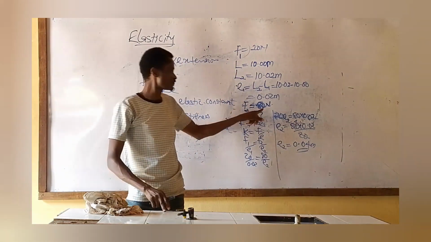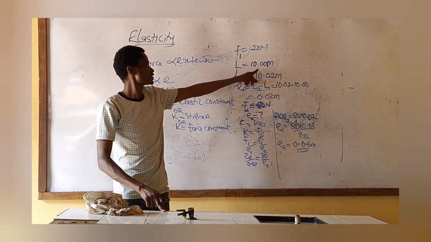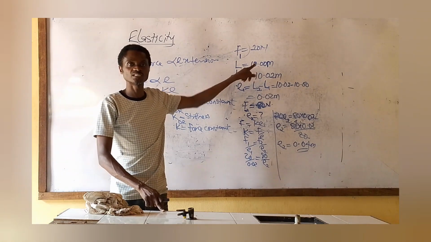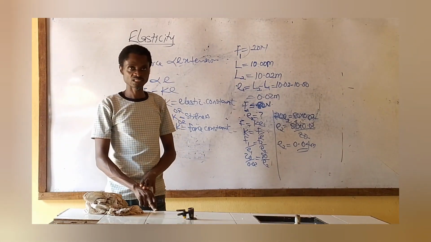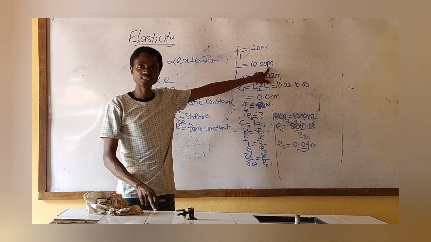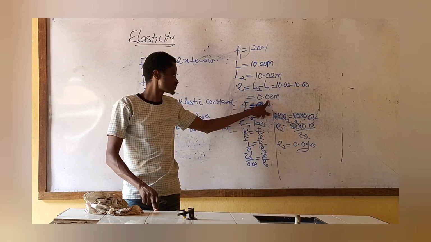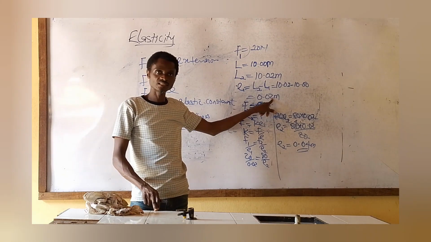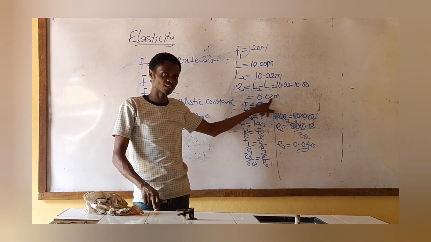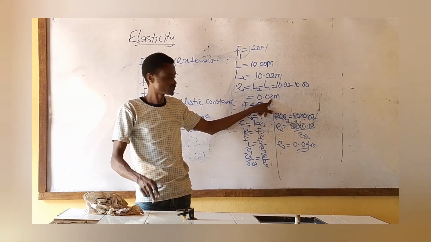So this is the extension when a force of 80 Newton is applied to that same material that was initially 10.00 meter. Exactly. Now, supposing this was given in centimeter, after getting the extension, you convert the centimeter to meter. And how do we do that?